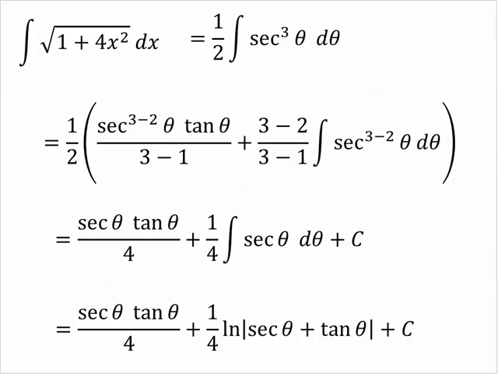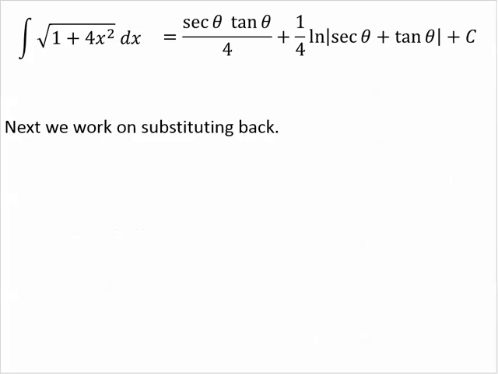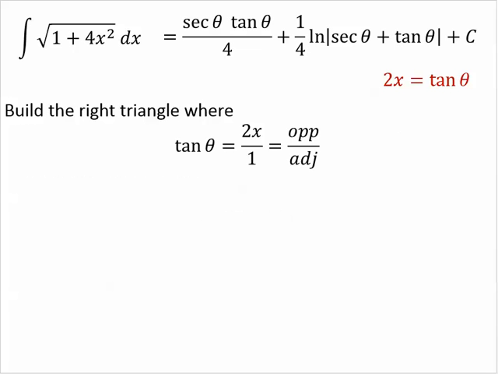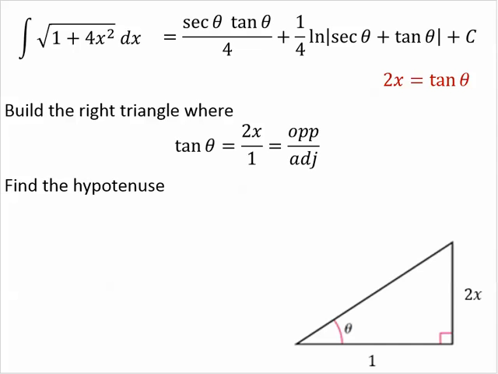Okay, so you've done a lot of work, but you're still not done. Next, we have to work on substituting back. And recall that the substitution we used was 2x equals tangent theta. Now, if 2x equals tangent theta, that means that tangent theta is 2x over 1. Let's build the right triangle with tangent theta being 2x over 1.